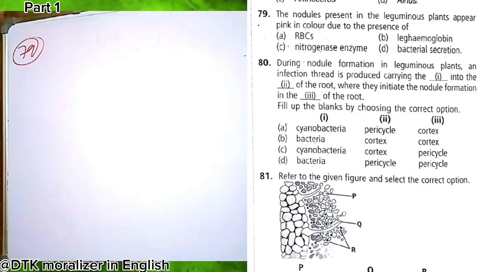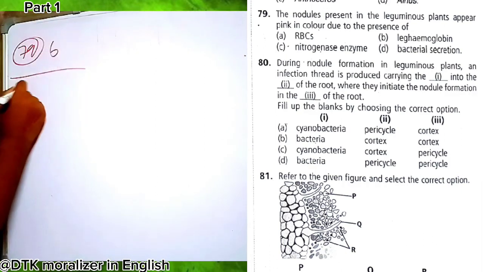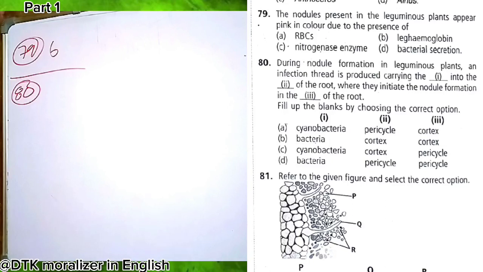Now question number 79. The nodules present in the leguminous plants appear pink in color due to the presence of RBCs, leghemoglobin, nitrogenase enzyme, bacterial secretion. So option B, leghemoglobin, which gives the pink color to the nodules.